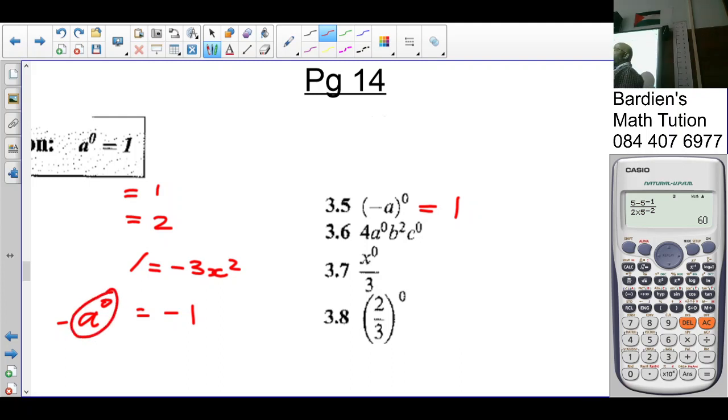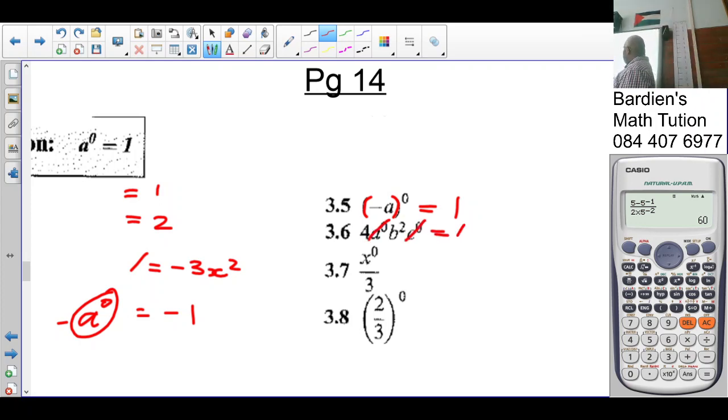So only the a became 1. Here, that is on the whole bracket. The whole bracket. So everything inside the bracket becomes 1. You guys understand? Next.